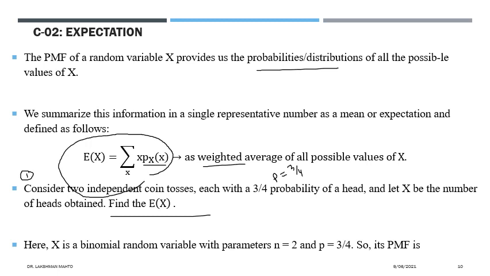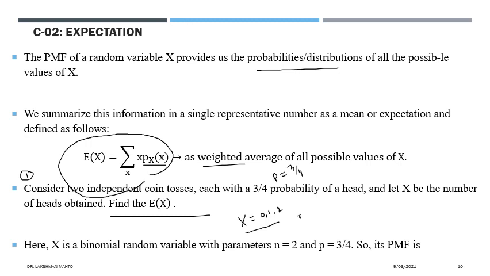Those things are essential. So x counts the number of heads in two tosses, so x will take three values: 0, 1 or 2. That means either no head, or 1 head, or 2 heads.